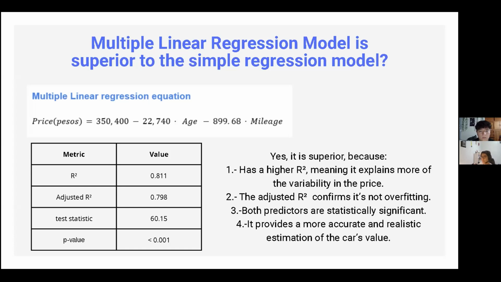The answer is yes, because this model has an R squared of 0.811, which is more than any of the simple models. The adjusted R squared is 0.798, showing it's not overfitting. Also, both predictors are statistically significant, with p-values less than 0.001, which confirms the reliability of the model.